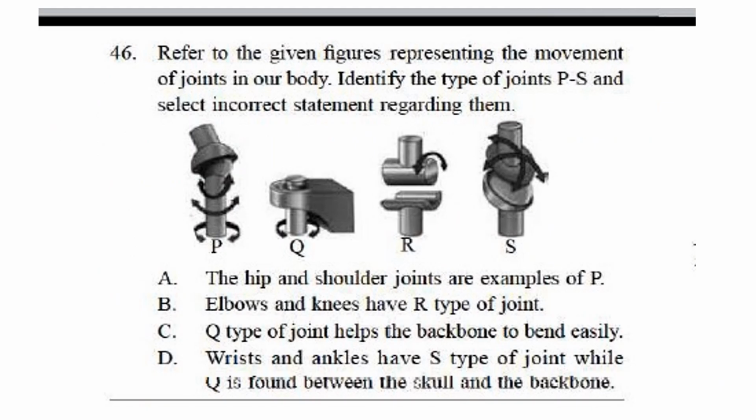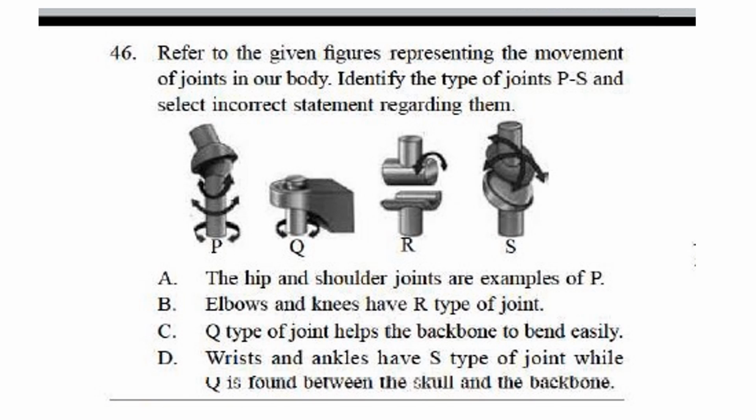Question number 46. Refer to the given figures representing the movement of joints in our body. Identify the type of joints P to S. Select incorrect statement regarding them. Option A. The hip and shoulder joints are example of P. B. Elbow and knees have R type of joints.